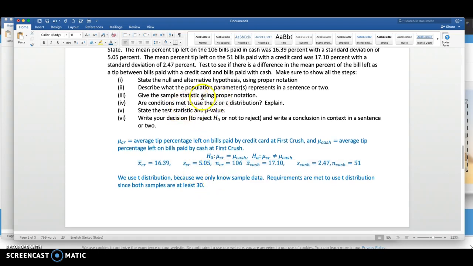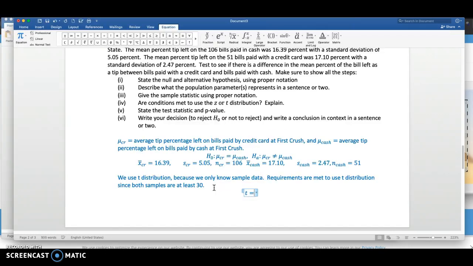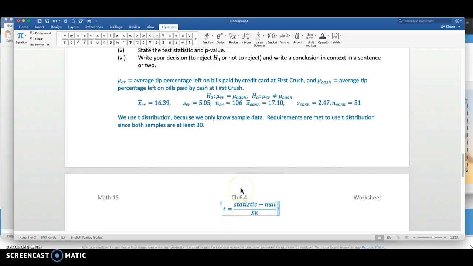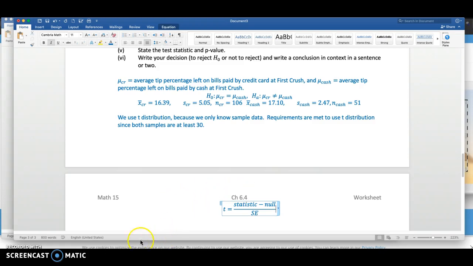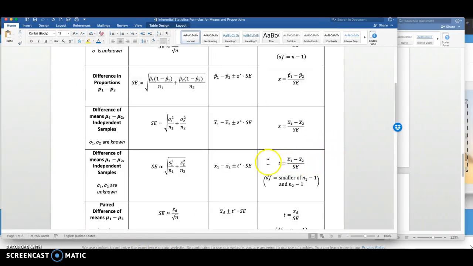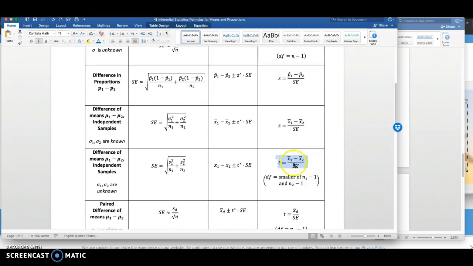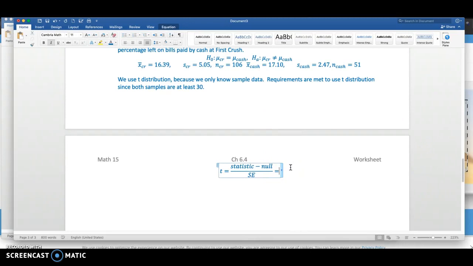All right. State the test statistic and p-value. So I write the formula here. T is going to equal, in general, the statistic minus the null over the standard error. I don't know what that means in this case. If I go to the formula sheet, this third column is the test statistic. So it's the difference of the two samples divided by standard error, and the standard error is given right here. So let me write this out.